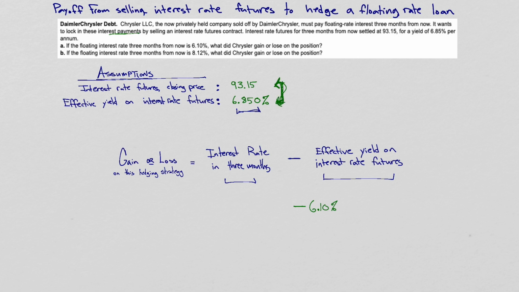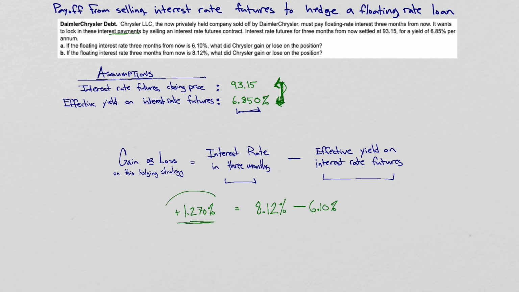So we put our short on at that price, and eventually rates went up to 8.12%. And so for us, because we are short interest rate futures, that's a gain of 1.270%. And that means we gained this much on our futures position.